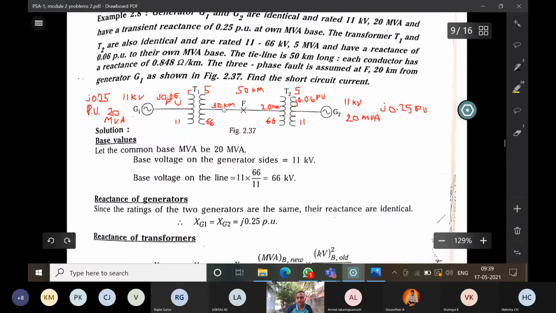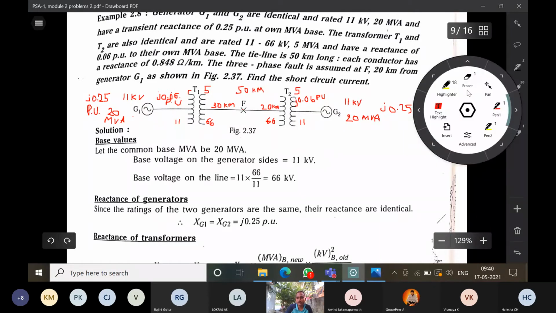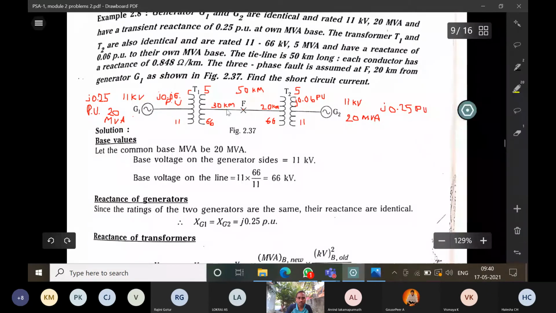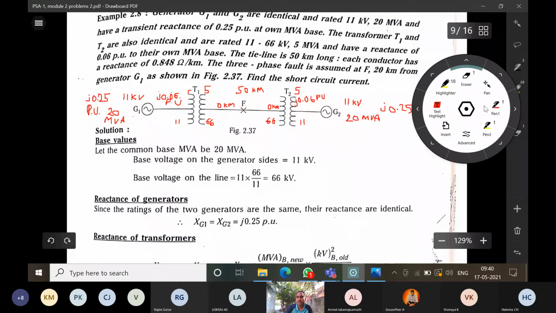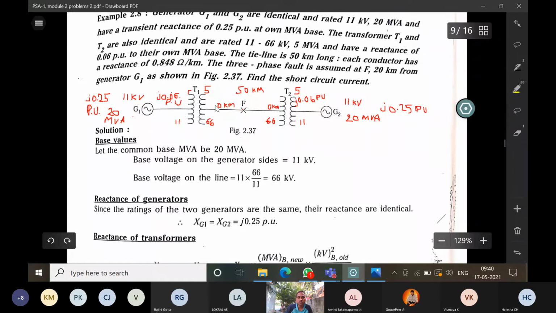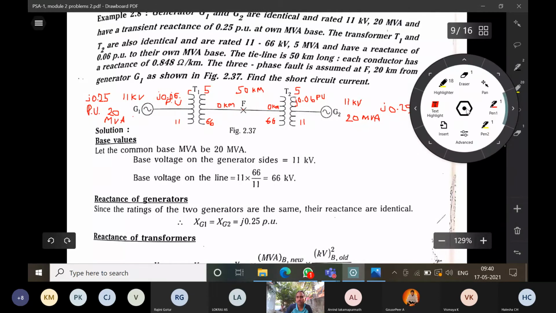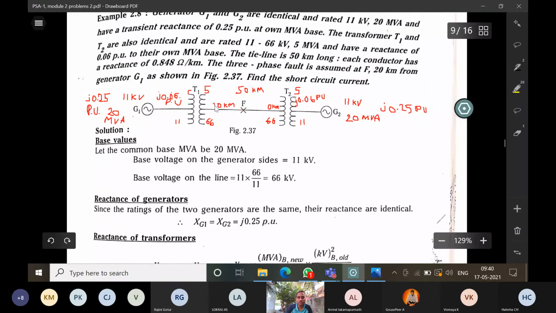It is 20 km from generator 1, and 30 km from generator 2 or transformer 2.